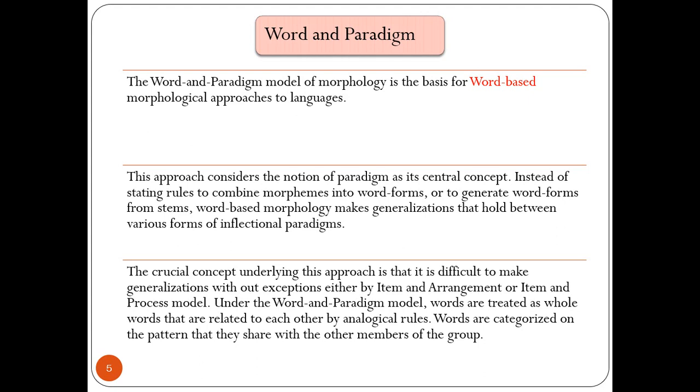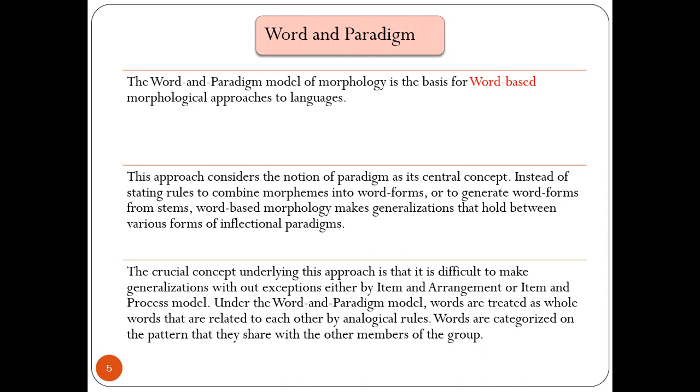Instead of stating rules to combine morphemes into word forms, just like was the case with IA, or to generate word forms from stems, just like the case was with IP, item and process, this word-based morphological approach makes generalizations that hold between various forms of inflectional paradigms, okay.